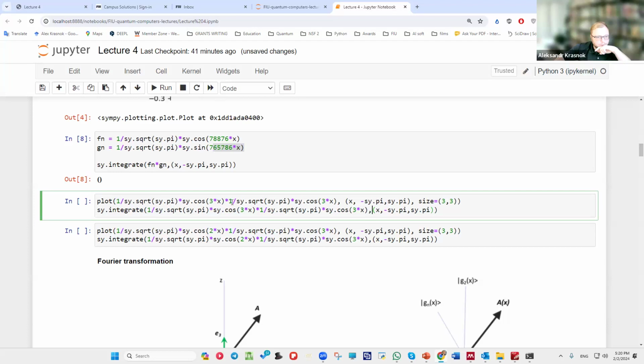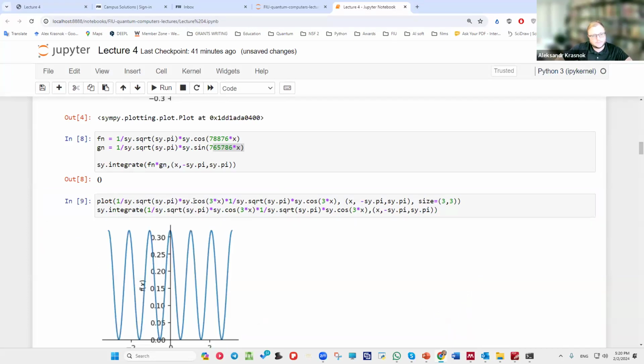So next, what I'm doing here, I plot the result of the product of cosine 3x times cosine 3x. Okay, so now I consider not sine and cosine of different arguments, but cosine of the same argument, cosine 3x times cosine 3x.